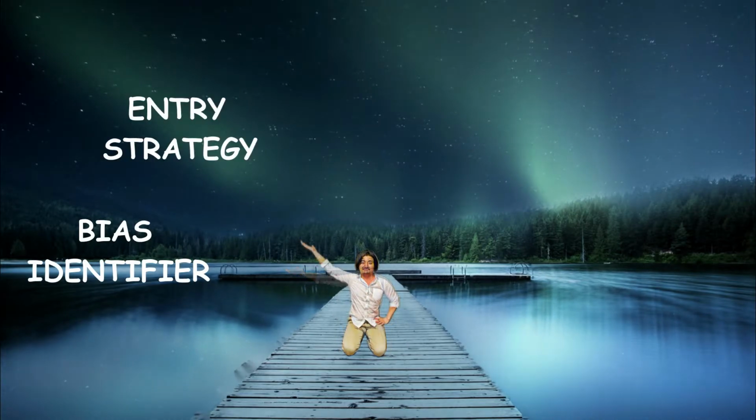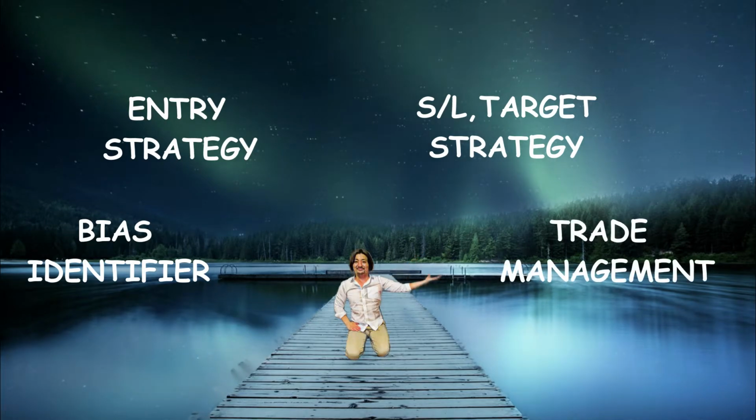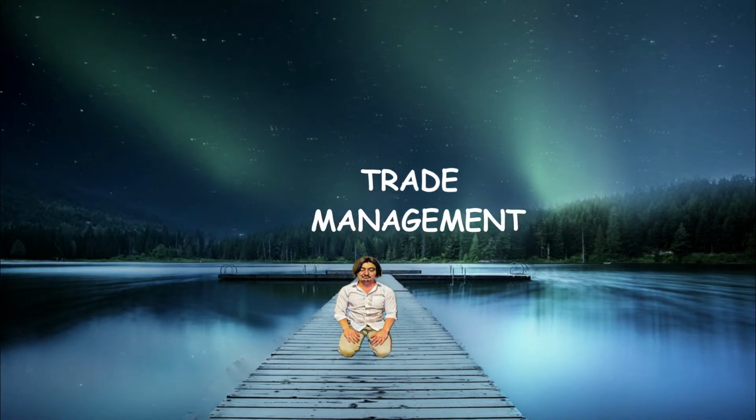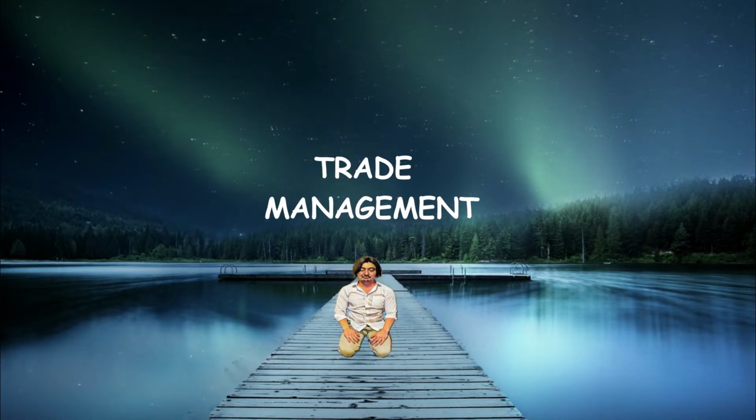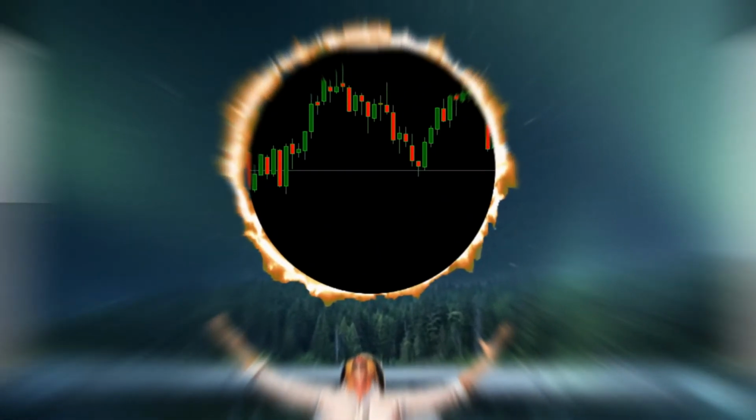Now, what needs to be evolved can be any one of the elements of your strategy. It could be the bias identifier, entry strategy, stop loss and target strategy, or trade management. Now, the knowing when not to trade factor of a trading strategy will fall into trade management, in my opinion. Now let's go and look at some examples of these elements.